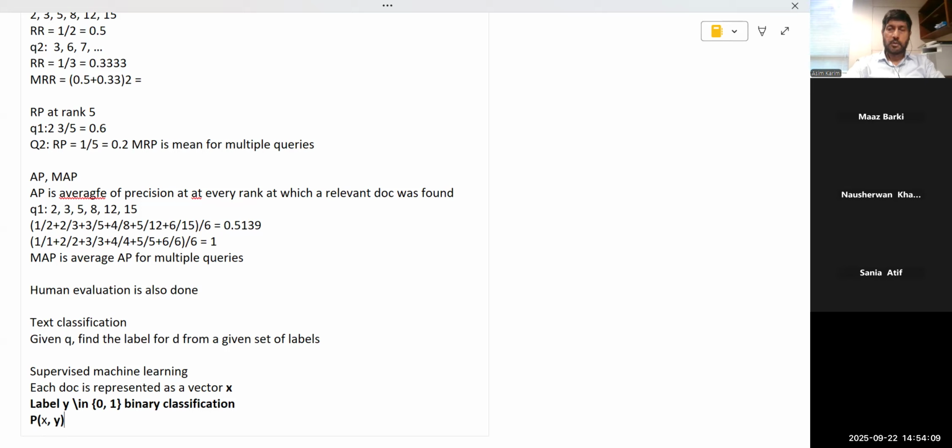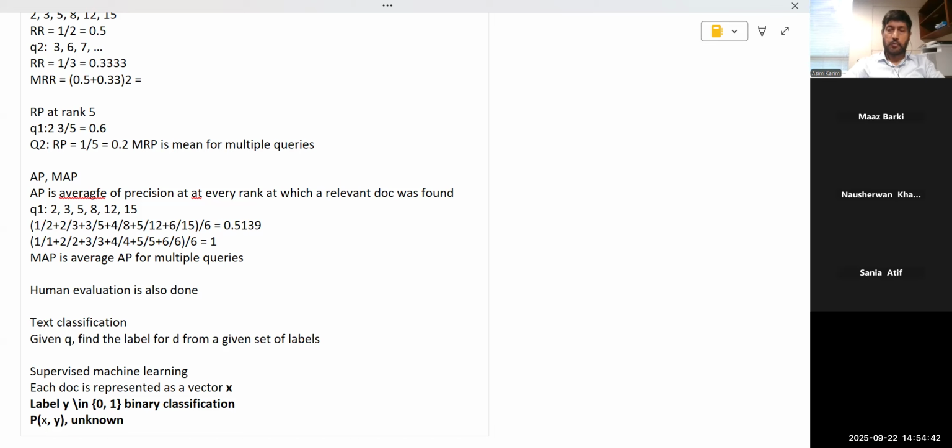This distribution captures all uncertainties in this classification problem, where you have x as the input and y as the output. If you have this probability function which gives you all probability values for all possible values of x and y, you can solve every classification problem. But we do not have this distribution, so it is unknown.